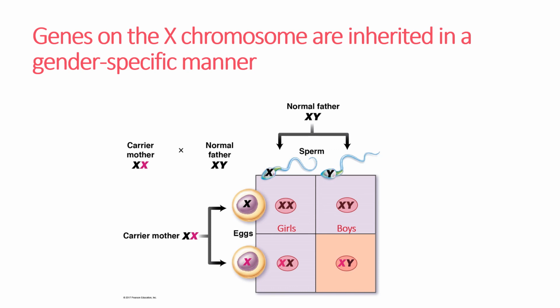Unfortunately, if that same egg meets a Y carrying sperm, there is not a homologous allele contributed by the Y carrying sperm. So the non-functional blood clotting enzyme will be phenotypically visible. In other words, this boy will have hemophilia.